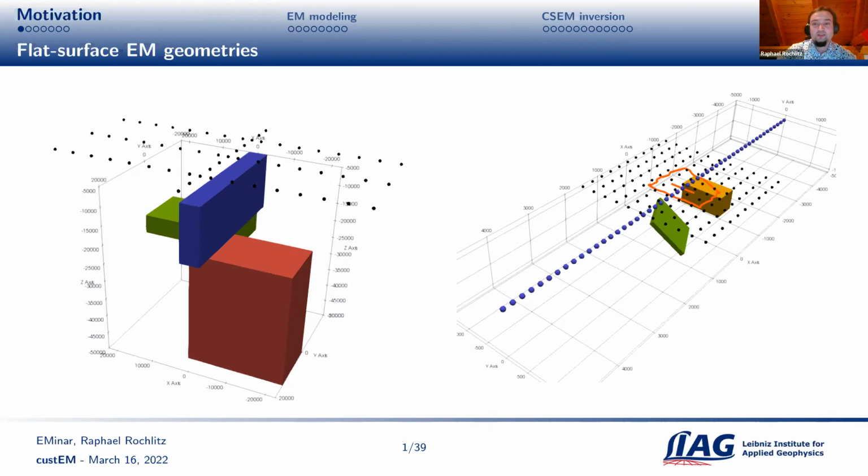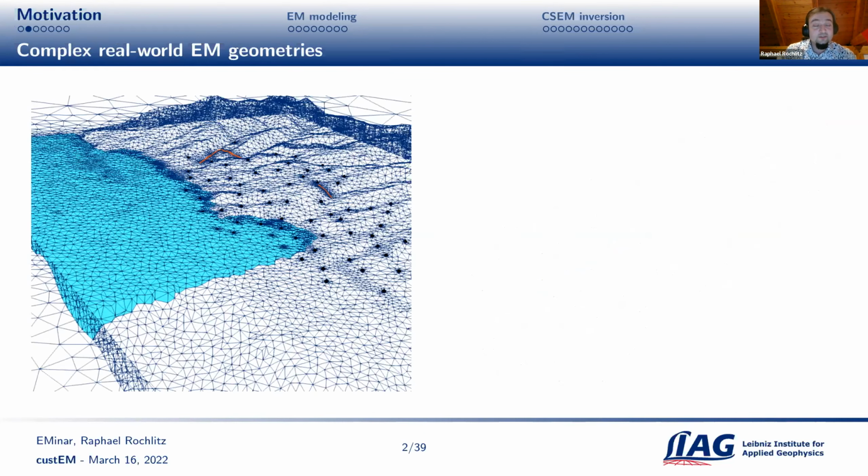But this is all with regular geometries. And for these geometries, we have a bunch of good codes which can handle them very well. And they mainly use the very preferable secondary field formulation technique to model and invert these setups. But this is not what I want to talk about today.